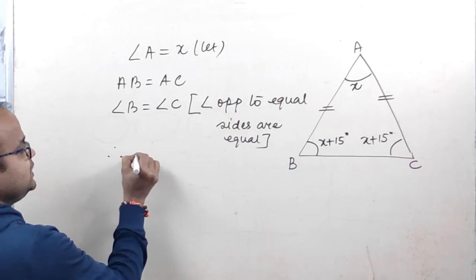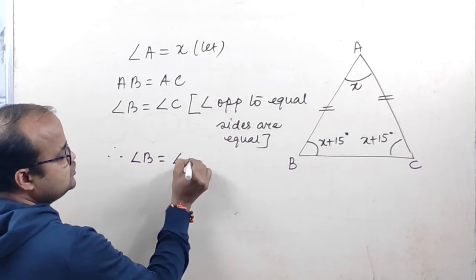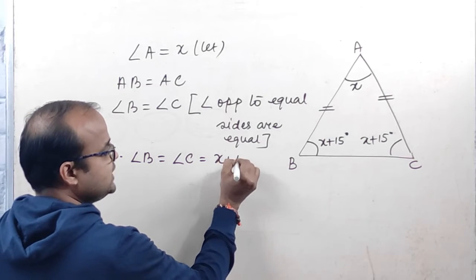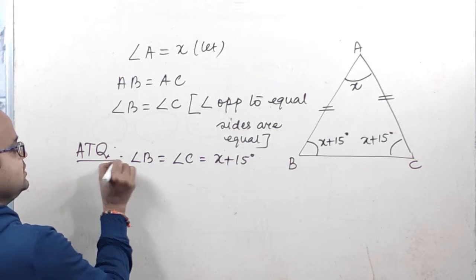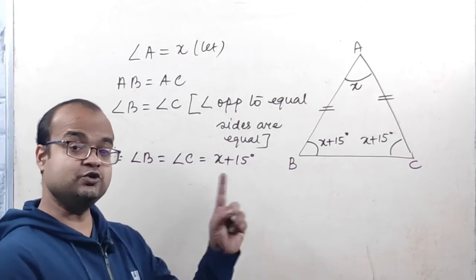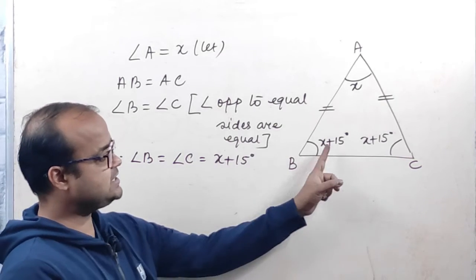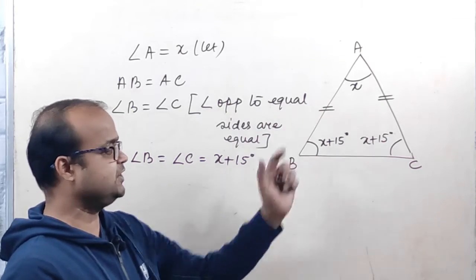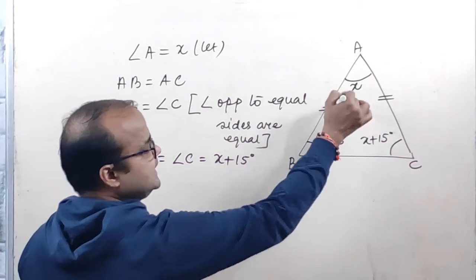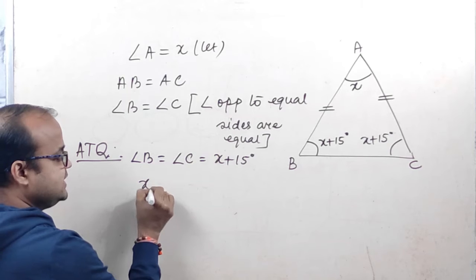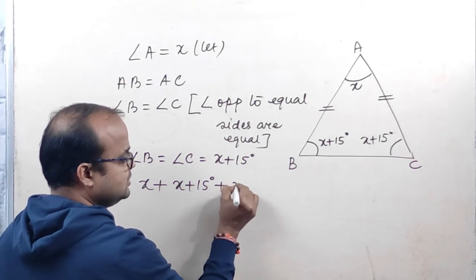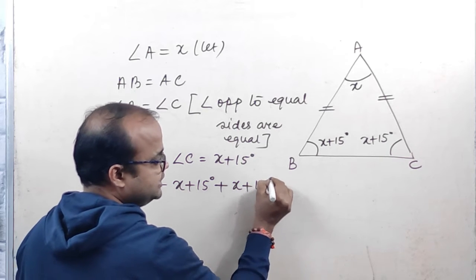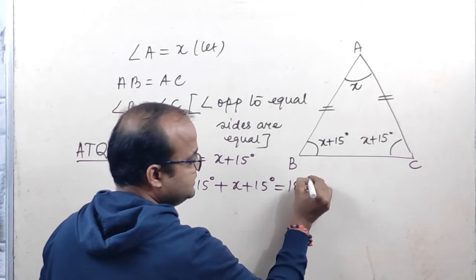So therefore angle B equals to angle C equals to x plus 15. So here you can write according to question, because in the question it is given that the base angle is 15 degree more than its vertical angle. Now we use the angle sum property. So we can say that x plus 15 plus x plus 15 equals to 180 degree.